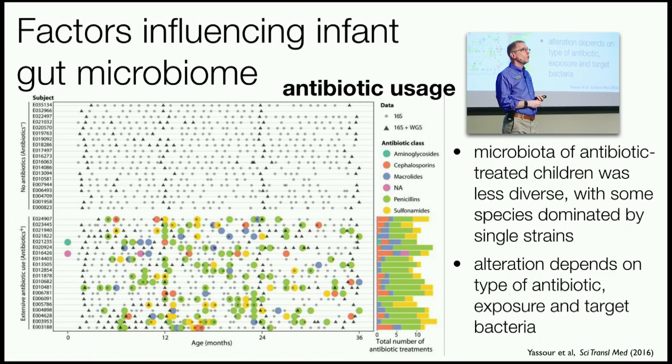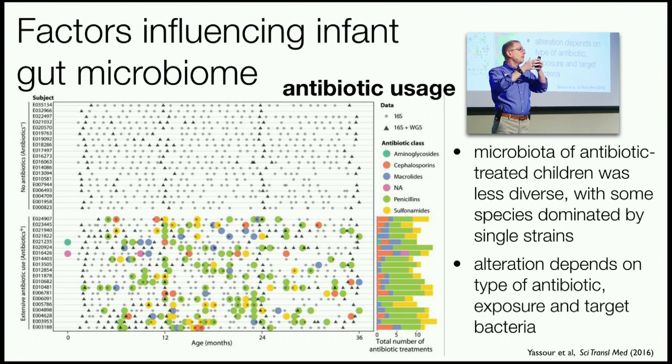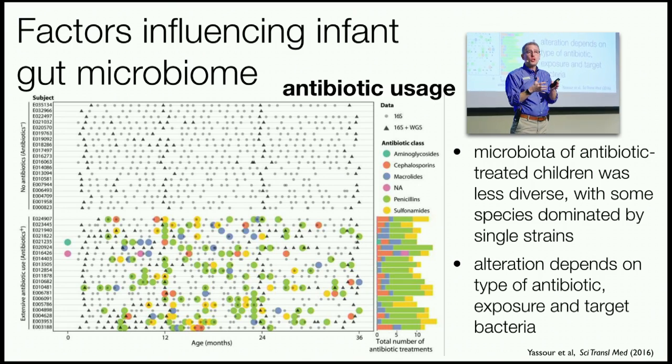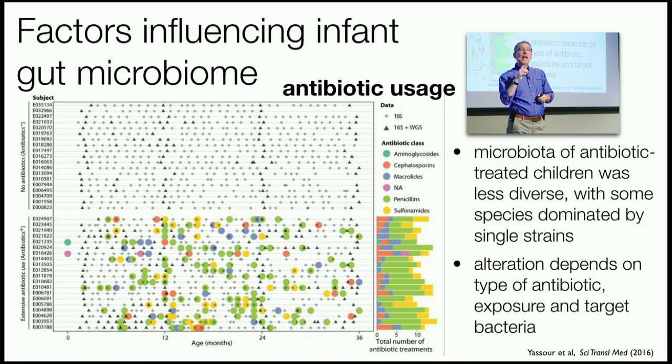So in many cases where the kids without antibiotics for a certain type of bacteria may have had 5 or 6 different species of that same category, these kids with antibiotics may have only had 1 or 2. The way their microbiomes differed depended on the specific type of antibiotic and the frequency of those types of antibiotics. So early antibiotic use clearly impacts the microbiome.